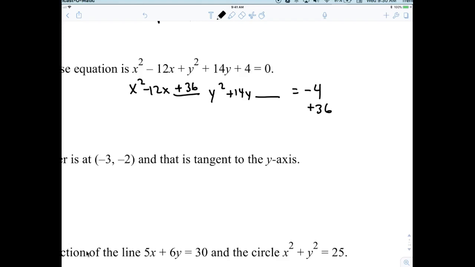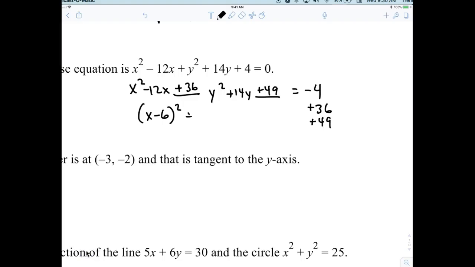Now you're taking half and square of 14, which is 49. Now, remember this: whenever you complete the square, it will always factor into whatever the half was. So the half of negative 12 was negative 6, so it's x minus 6 squared plus y plus 7 squared equals 81.